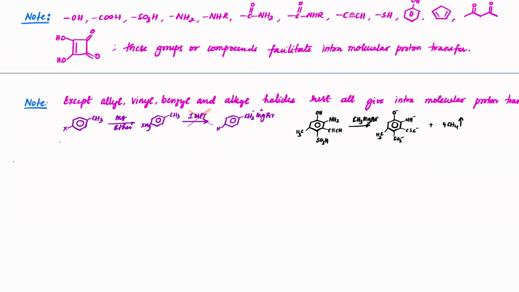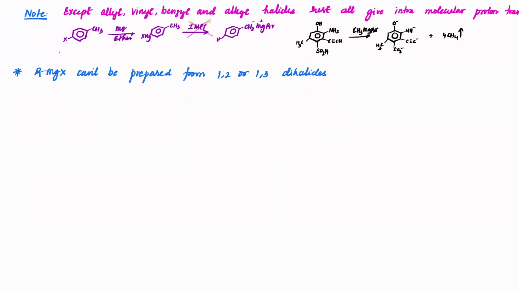Now notice, RMgX cannot be prepared from 1,2 or 1,3 dihalides either. Which means if you have, let's say, a 1,2 dibromide here, with Br and Br, because of those two bromines, with magnesium and ether you will only get an alkene instead.